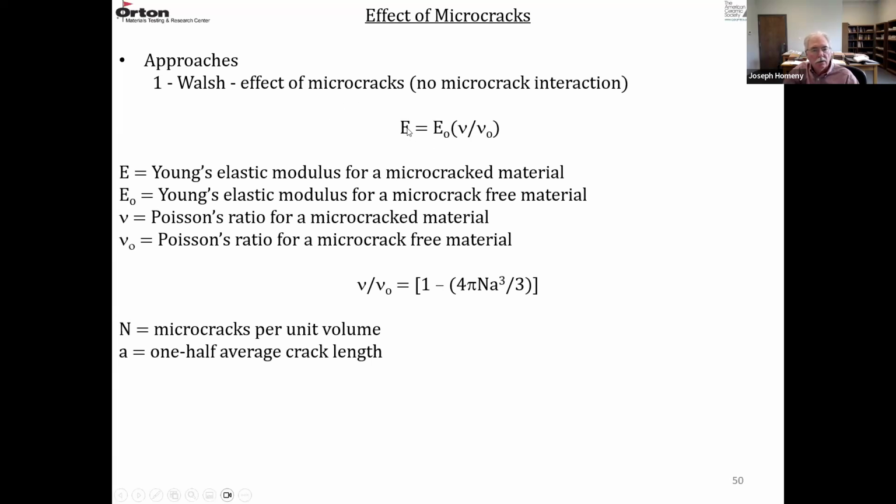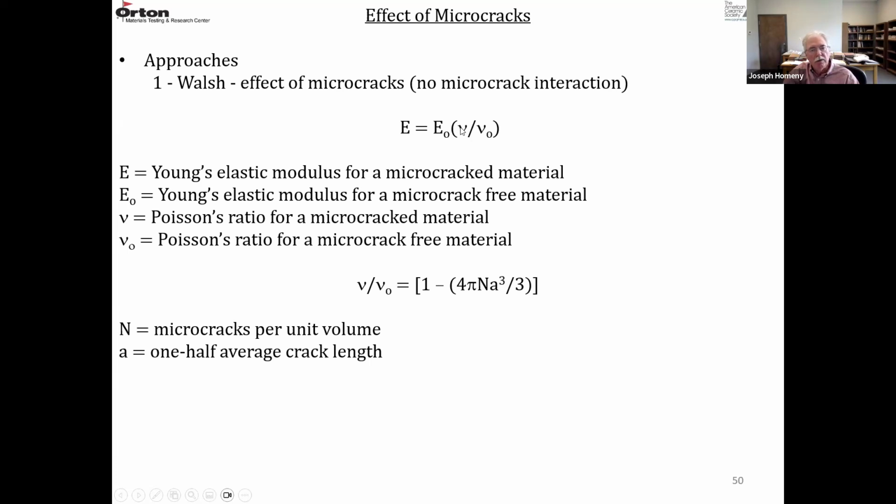So the elastic modulus E for a microcrack material equals E0, the Young's elastic modulus for a microcrack-free material, times this ratio of two Poisson's ratios. Nu is the Poisson's ratio for a microcrack material, and nu0 is the Poisson's ratio for a microcrack-free material.